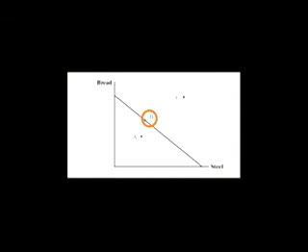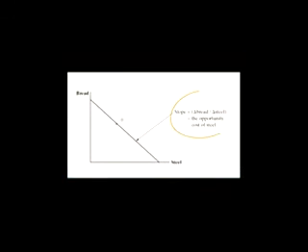This is often called full employment output. Remember, in economics, cost means opportunity cost, what is given up to increase another activity by 1 unit. The slope of the PPC tells us how many loaves of bread we must give up to produce 1 more ton of steel. In other words, the slope of the PPC is the cost of producing 1 more ton of steel in units of loaves of bread.